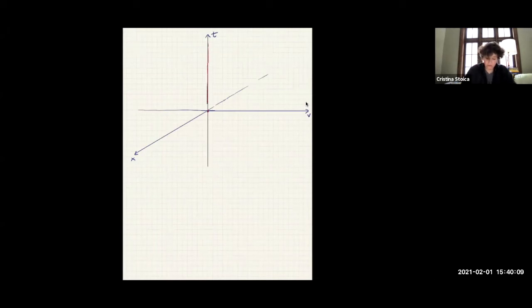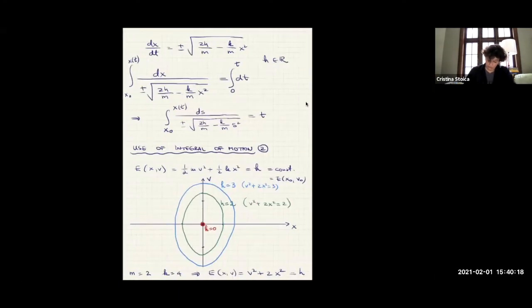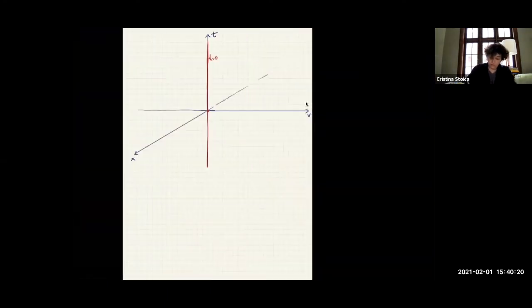There is no motion. So this is the solution that corresponds to h equals 0. Now for h equals 2, it was an ellipse there. So I'm going to try to make it here. That's what I see in the XV plane, right?